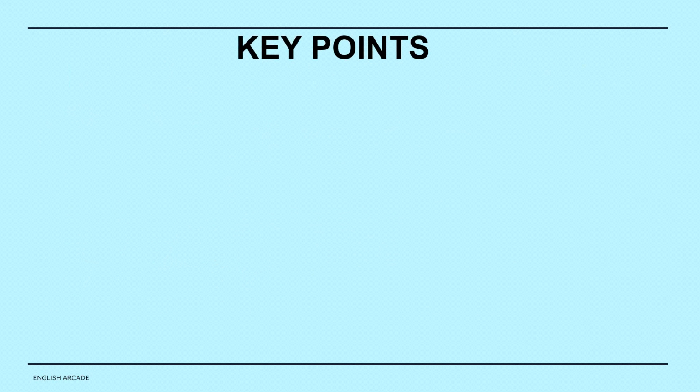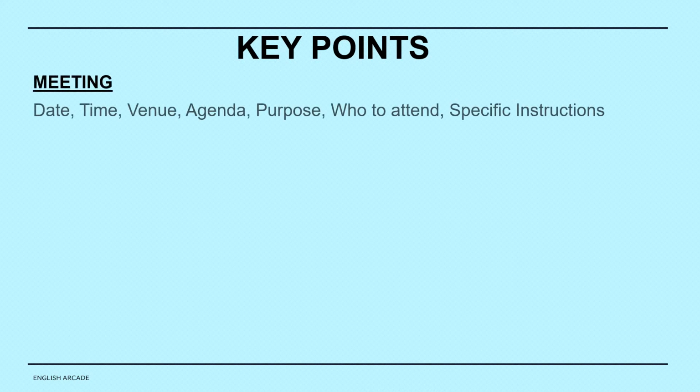Let us now look at the key points for different kinds of notice writing questions. For a meeting, we must include date, time, venue, agenda, purpose, who all to attend, and specific instructions related to the meeting.